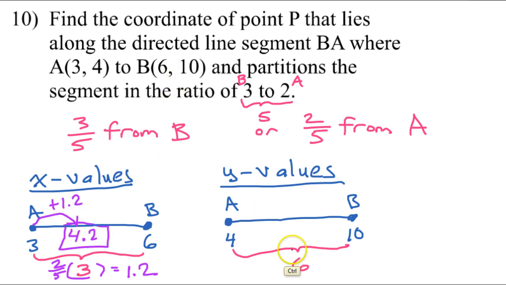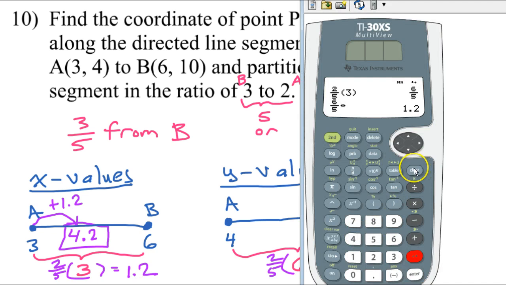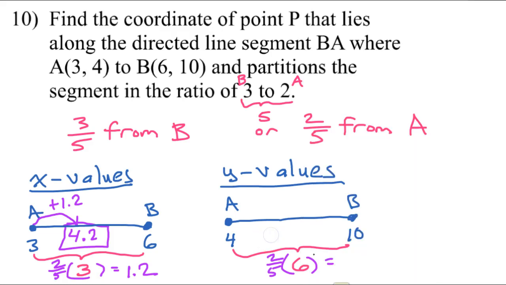Let's do the same thing with the y values. I'm still going to go from A just because it's on the left. So I'm still going to do 2/5 of the way. So 2/5 times 6. All right, but let's find out how far that is. So 2/5 of 6 is 2.4.